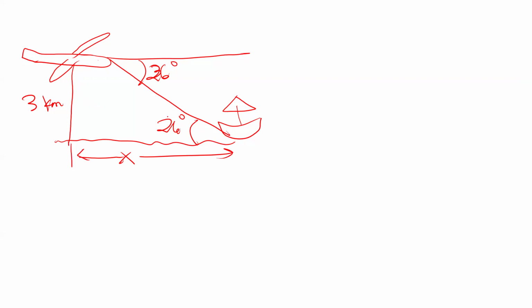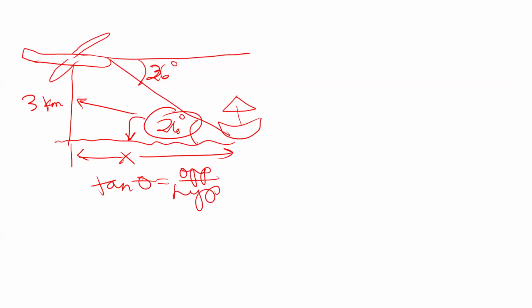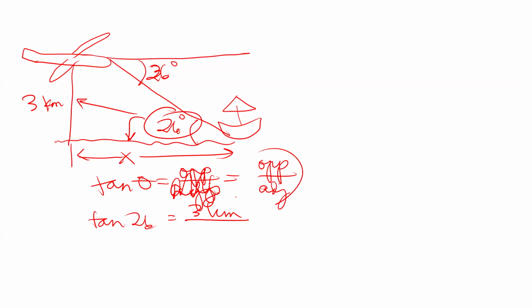With respect to this angle, we have the adjacent and opposite. Which trigonometric ratio do we need to use? Very good. We use tangent. Let's rewrite it. Tan theta is opposite over adjacent. Please check that properly.